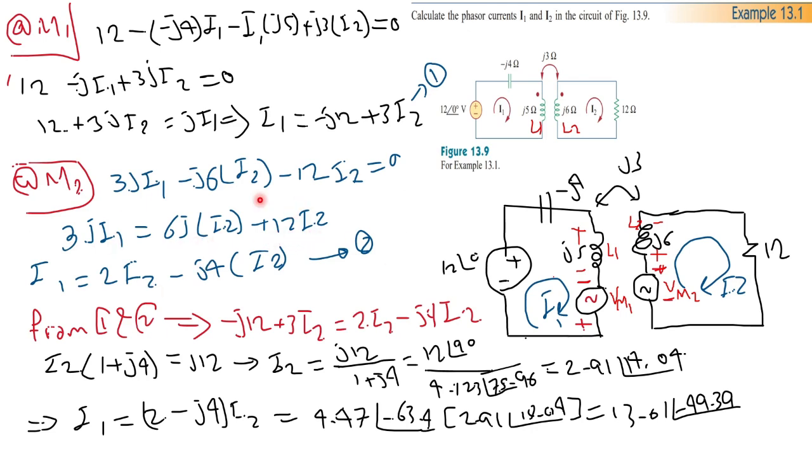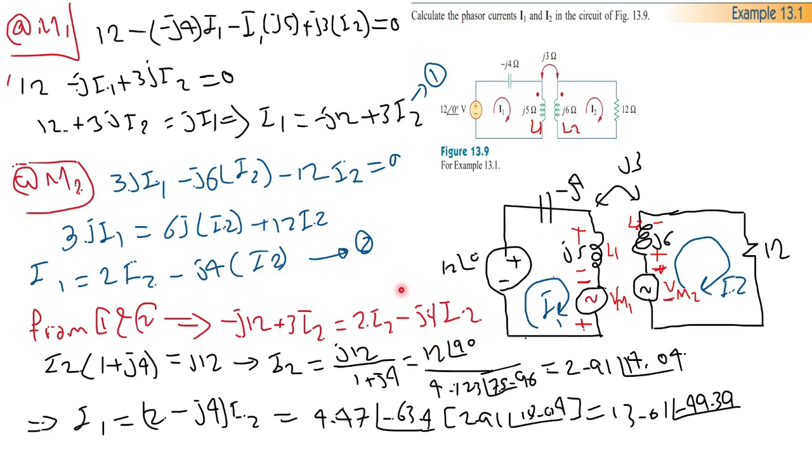If we again solve for I1, dividing by 3j, we will have I1 equals 2 I2 minus j4 I2. We now have I1 defined by equations 1 and 2. We can equate the right-hand sides of both equations, giving minus j12 plus 3 I2 equals 2 I2 minus j4 I2.